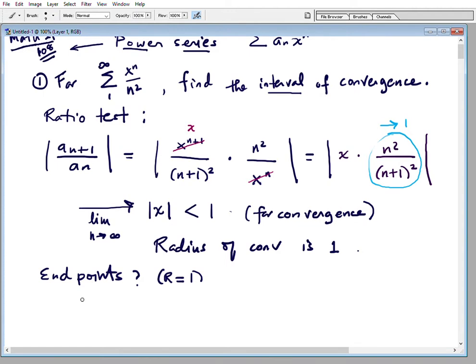But what happens when x equals 1 and when x equals minus 1? You check those separately. When x equals 1, just look at the original series. We have the sum from 1 to infinity of 1 over n^2, and we know that converges by the p-test, since p is 2, and as long as p is greater than 1, it converges.